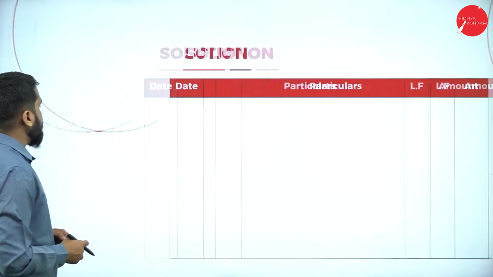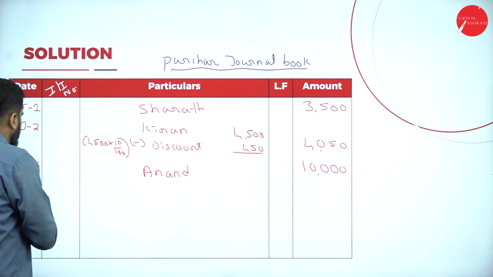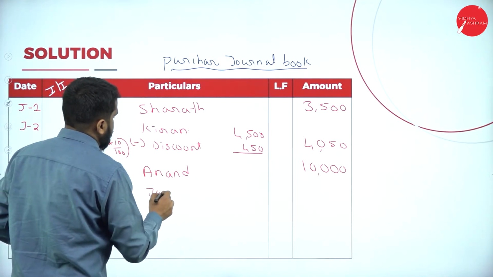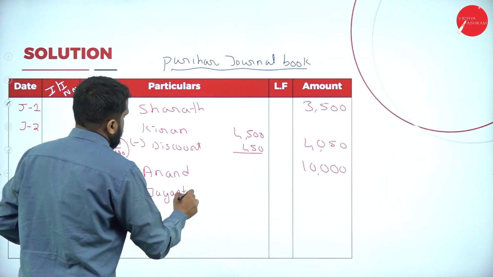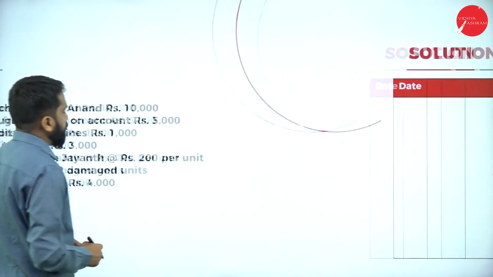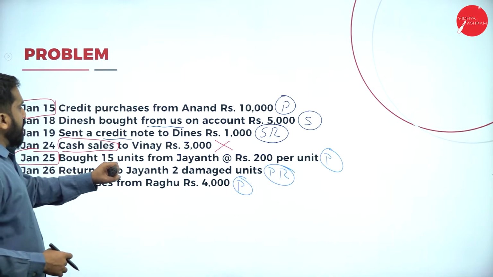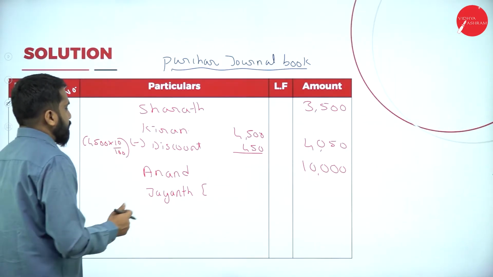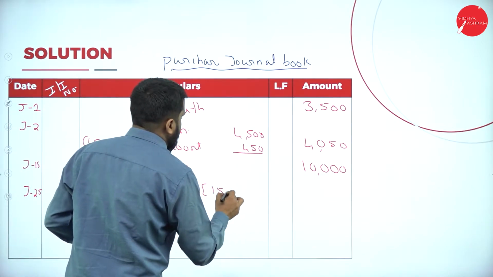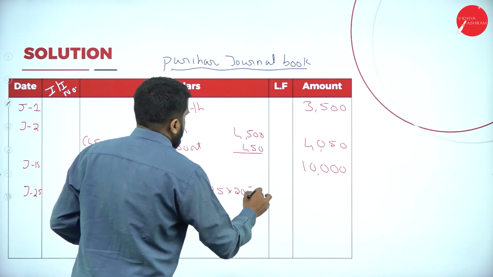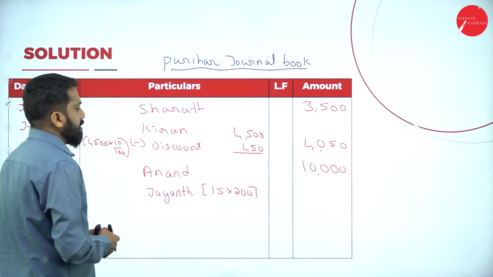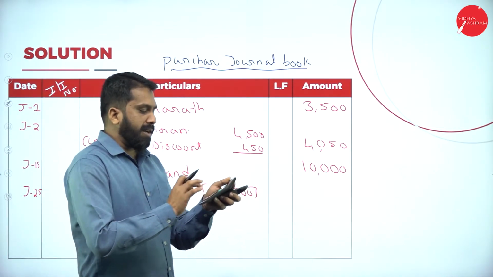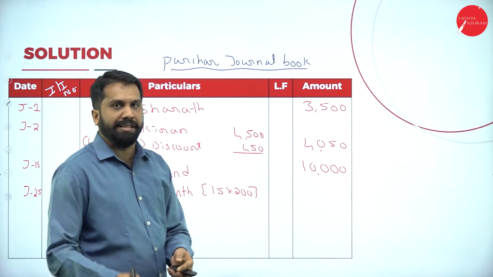So January 25th. Jan 25th. So this is Jayant. What is the value? So it is 15 multiplied with 200. It is around 3,000. Well, cross verify. 15 multiplied with 200. It is 3,000.